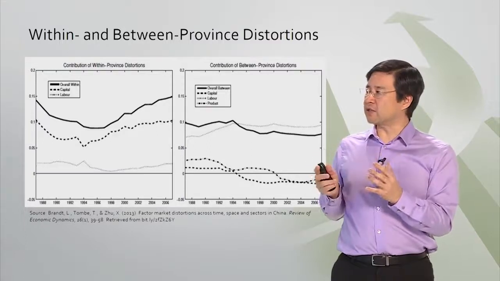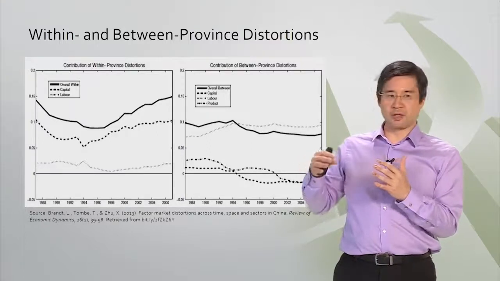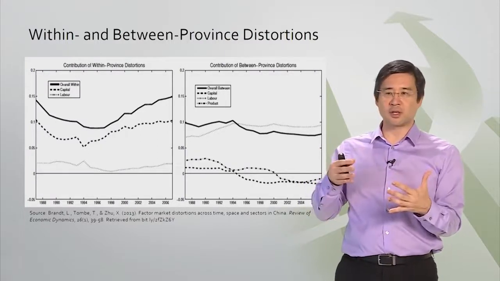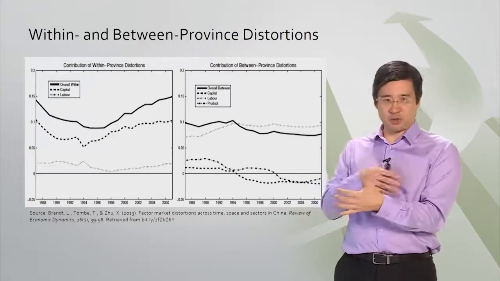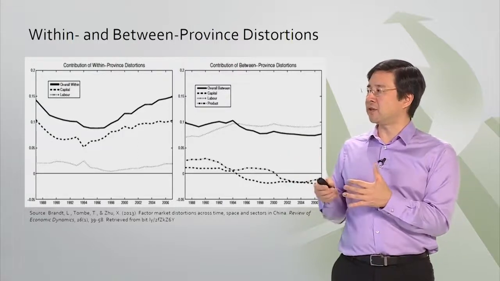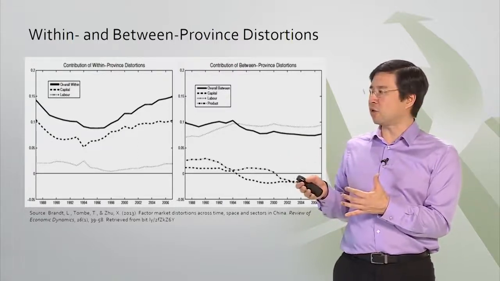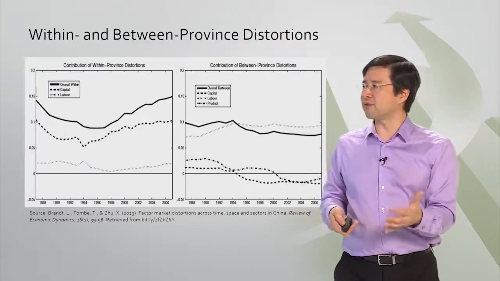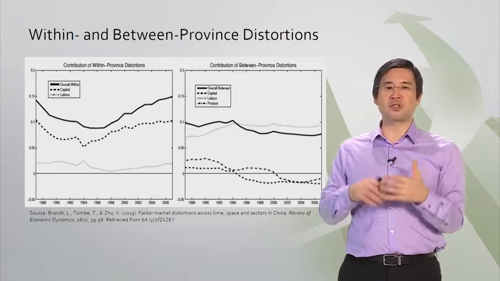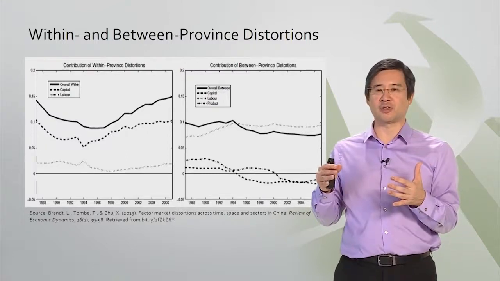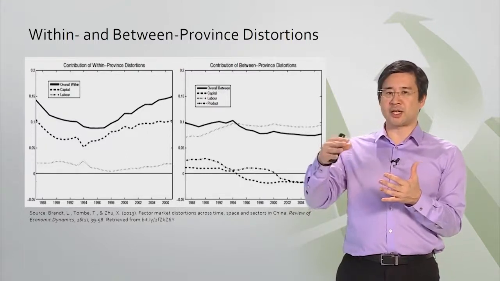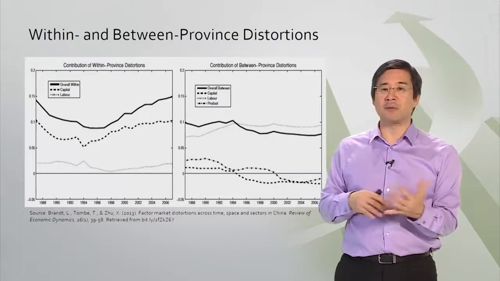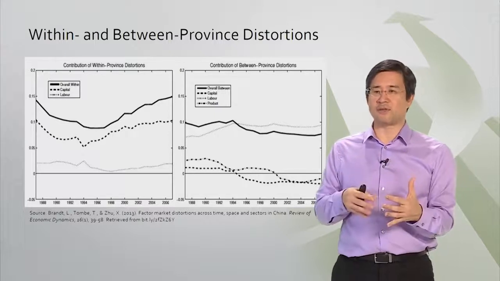The analysis also can separate the degree of distortions or misallocation within provinces, across sectors, and between provinces. And the difference in the results is quite interesting, because if we look at the left-hand panel here, the within-province distortions, we see that there's a big distortion of capital allocation between the non-state and state sectors within provinces, but very little distortion of labor between sectors within provinces.